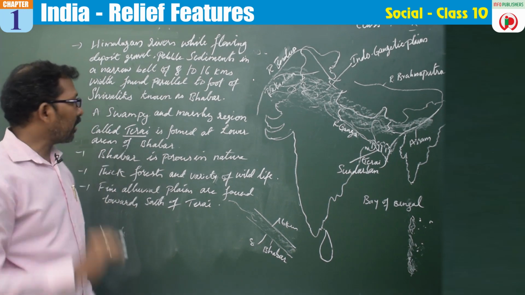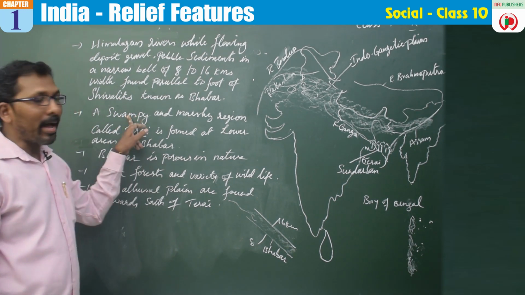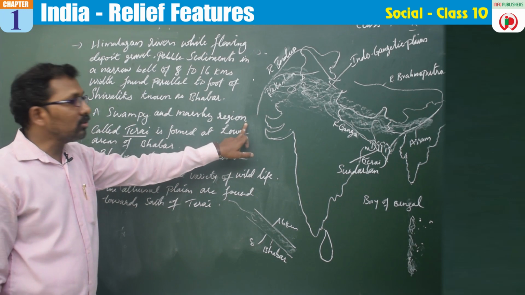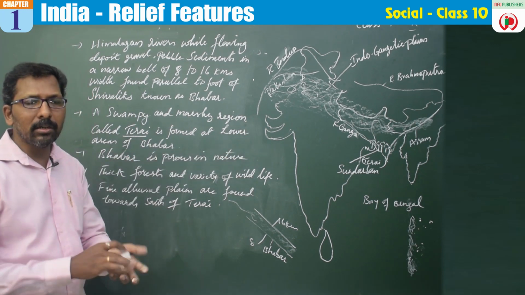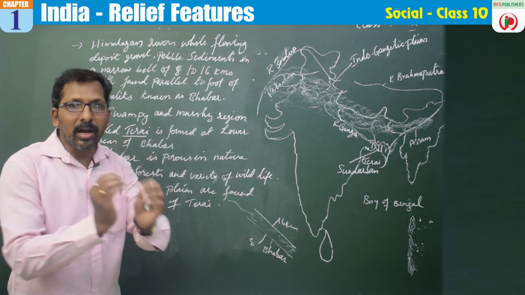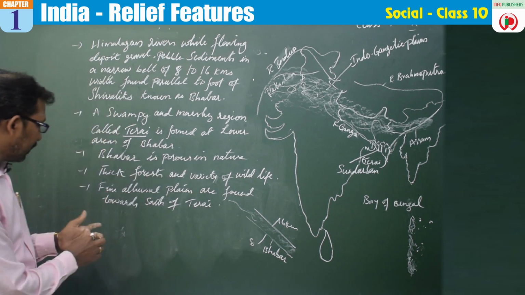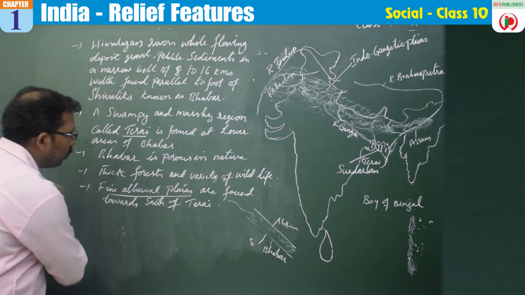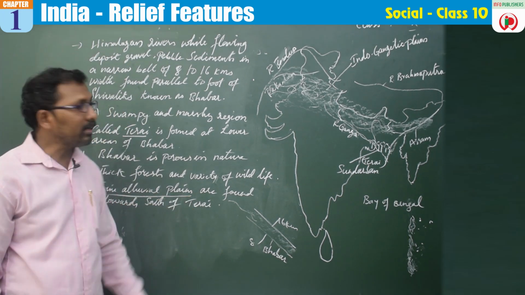Now, what is Terai? Terai is a swampy and marshy region. It is a region with fertile soil. What type of soil is present here? You can see here, fine alluvial soil is present, right?